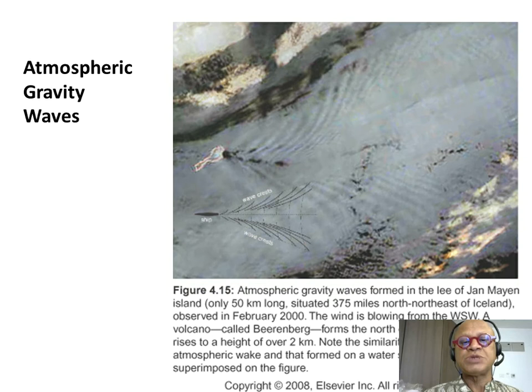You can see that even a ship in here can produce crests and waves in the ocean, whereas these are the gravity waves produced in the atmosphere. Okay, so the atmospheric gravity waves and the ship's wake have somewhat similar features, because those are also internal gravity waves produced by perturbing the stratification of the ocean waters.